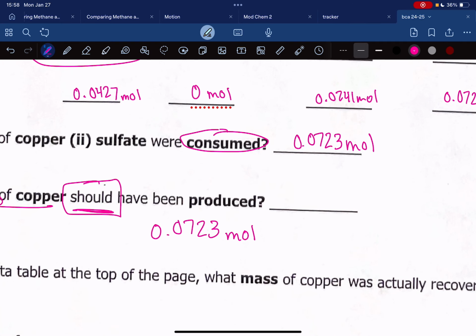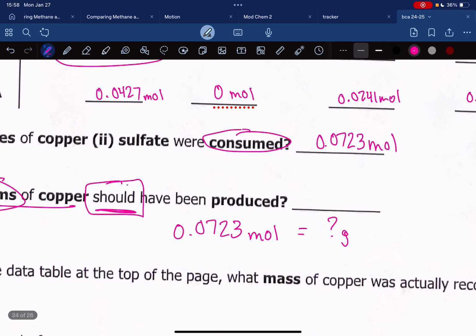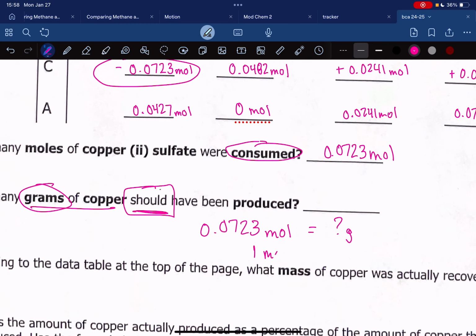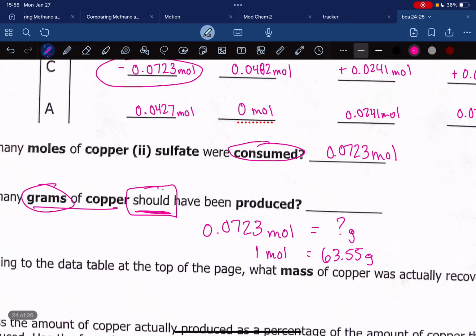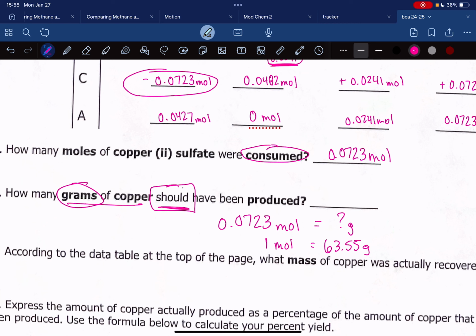So I need to figure out how many grams is that many moles of copper. Now, luckily, I know that 1 mole of copper equals 63.55 grams. So I can tell right away that I'm going to have some number that is less than 63.55, but this time it might not be as obvious what math you need to do.